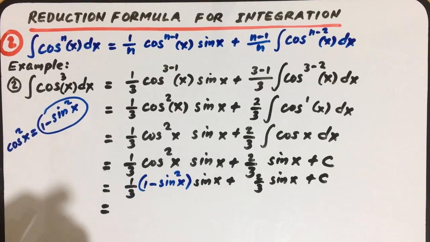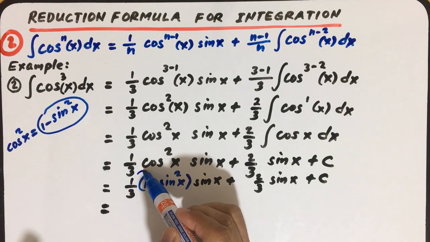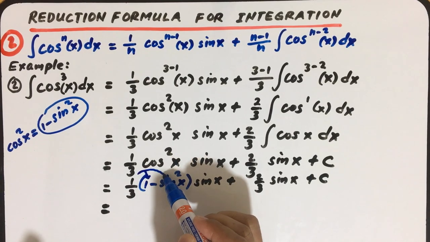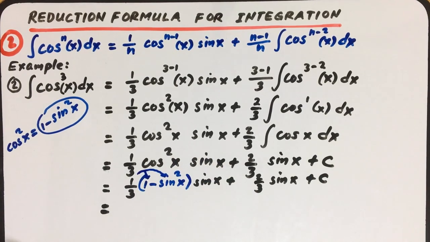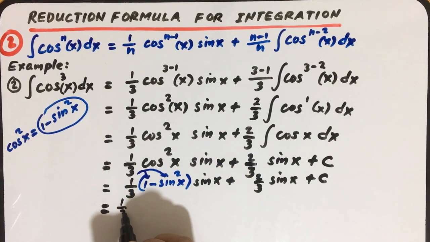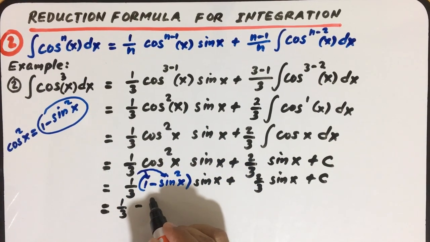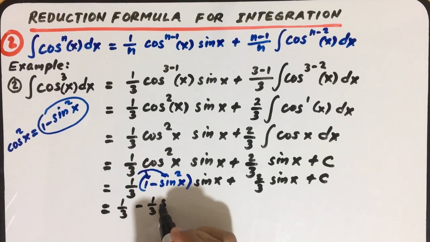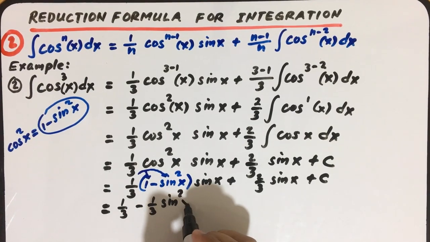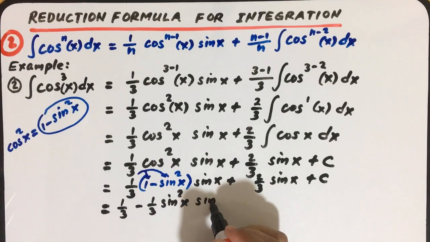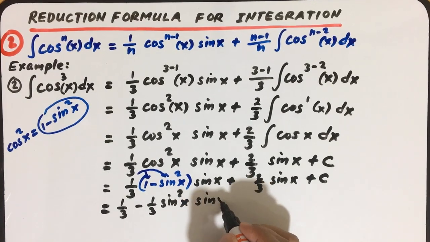So distribute and multiply. So we can distribute 1/3. So we have 1/3 minus 1/3 sine squared x times sine x.